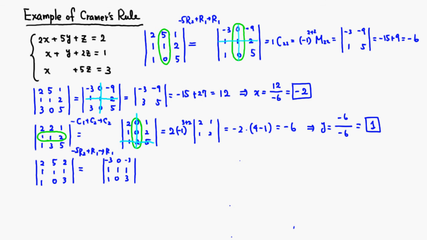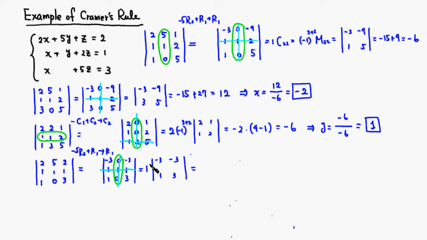Since I like this column 2, I'm going to expand along that. So it's 1, and the cofactor is -1 to the 2 plus 2, so it's going to be positive. Then you have a submatrix -3, -3, 1, 3.